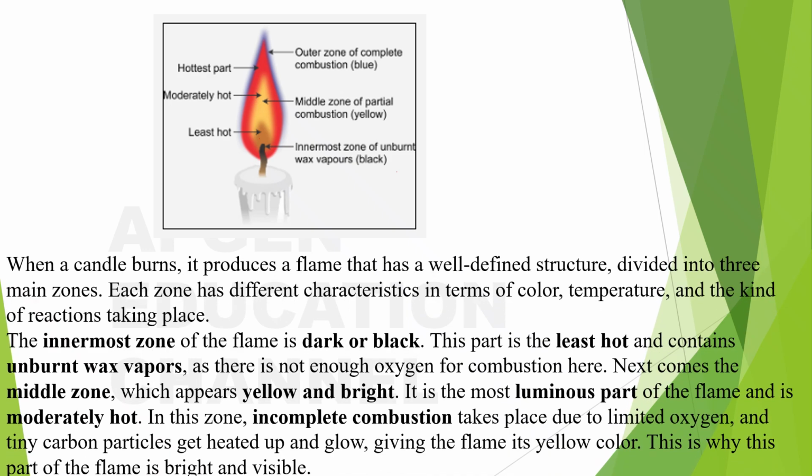When a candle burns, it produces a flame that has a well-defined structure divided into three main zones. Each zone has different characteristics in terms of color, temperature, and the kind of reactions taking place. The innermost zone of the flame is dark or black.